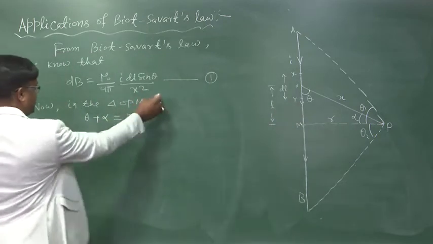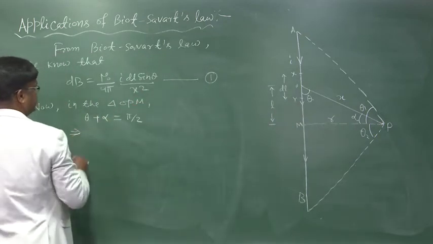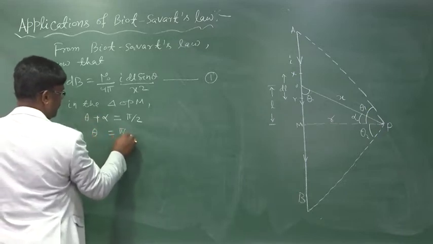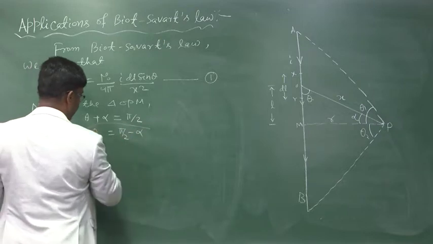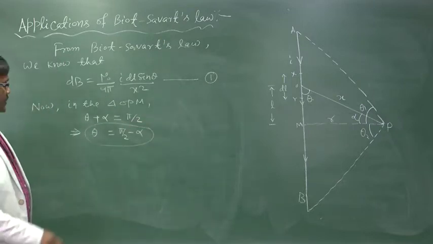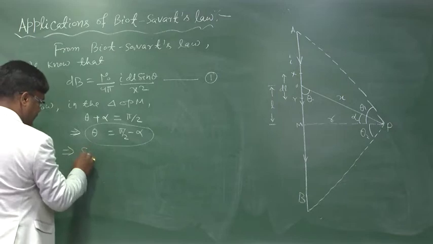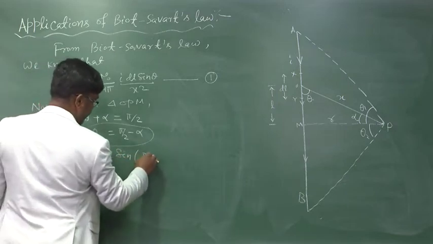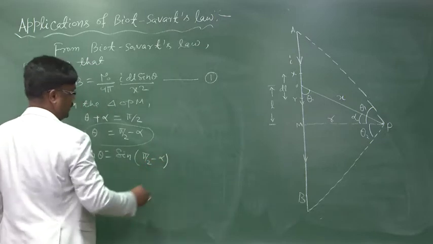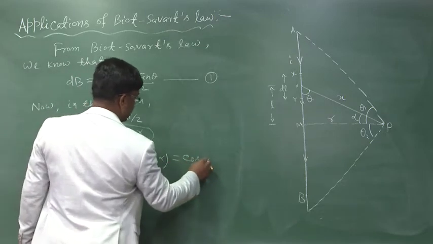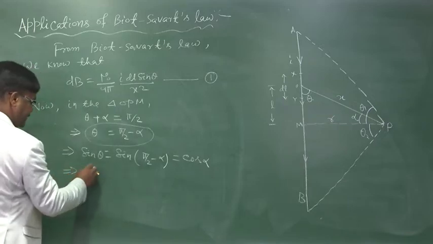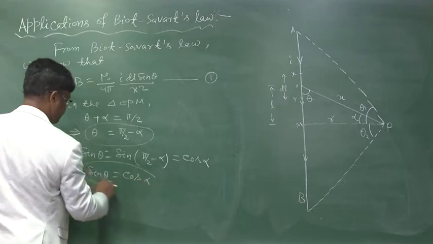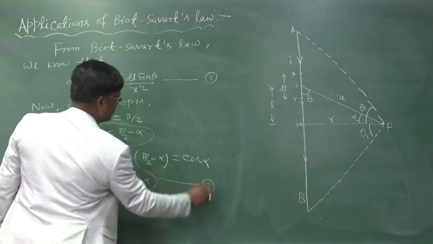Theta plus alpha equal to pi by 2 implies theta is equal to pi by 2 minus alpha, which implies sin theta is equal to sin of pi by 2 minus alpha, which is equal to cos alpha. So sin theta equals cos alpha. Let this be equation 2.